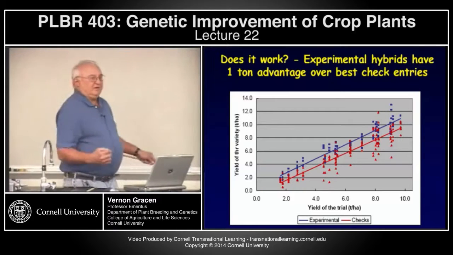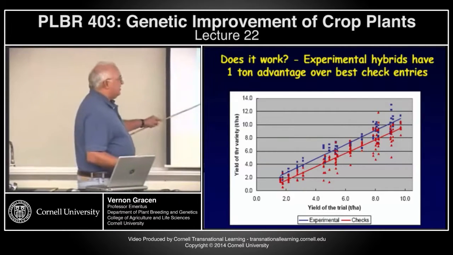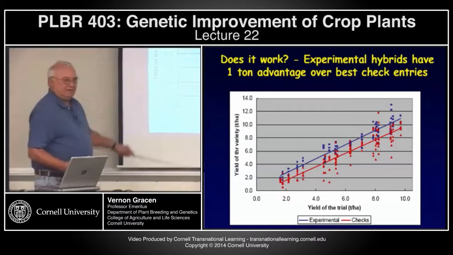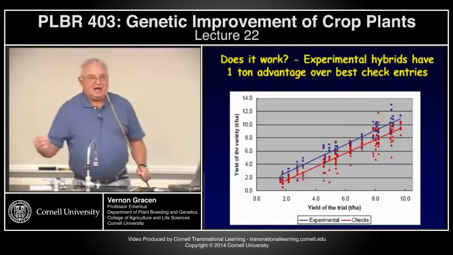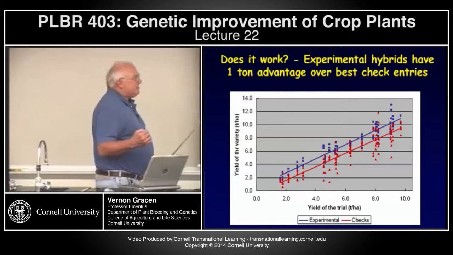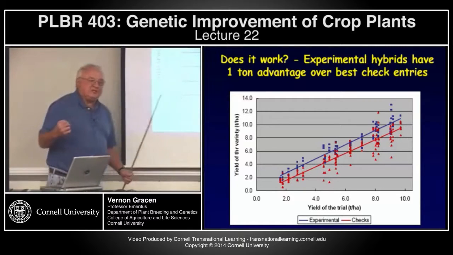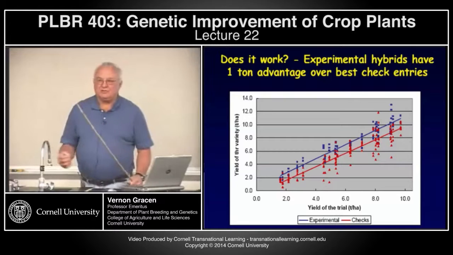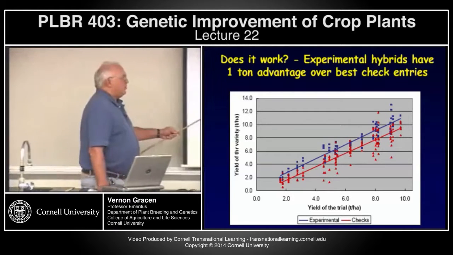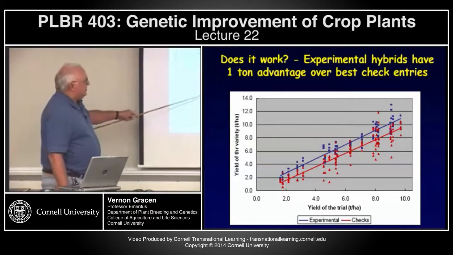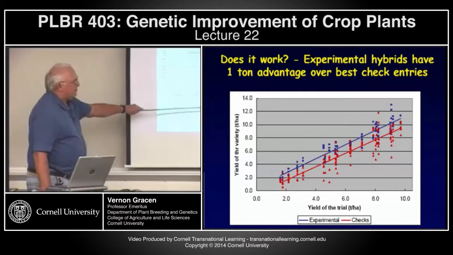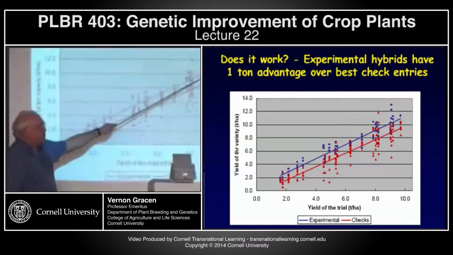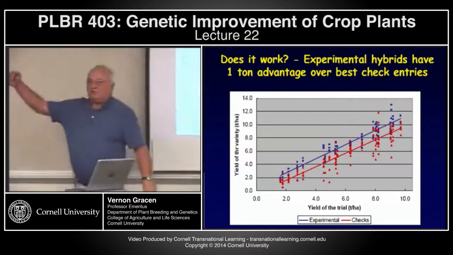But the interesting thing about this slide is these guys don't fall to pieces right down here, which a lot of people will tell you. Commercial varieties don't do well under stress conditions. Well, they do just about as well under stress conditions as anything else the farmer can grow. But what's more impressive is the CIMMYT varieties not only beat the commercial checks in the low yielding environments, but still run with them as the management level goes up.